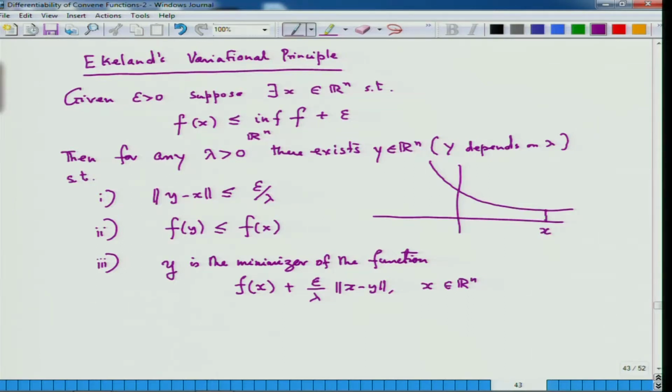Then I can find another point near it, so that that point is an exact minima, rather a unique minima, of a part-of function. So, this is my part-of function, and this is my original function.